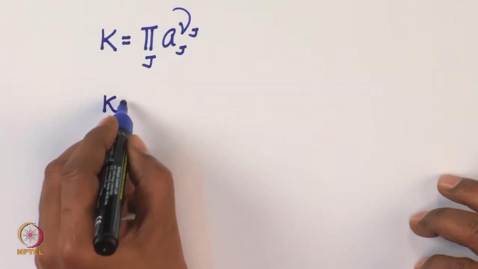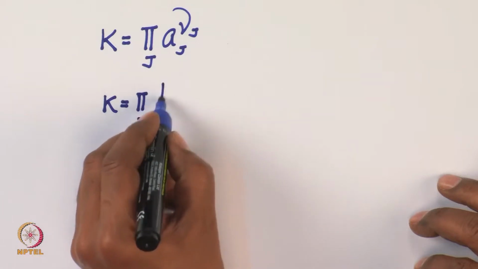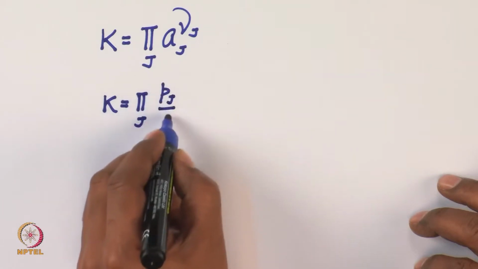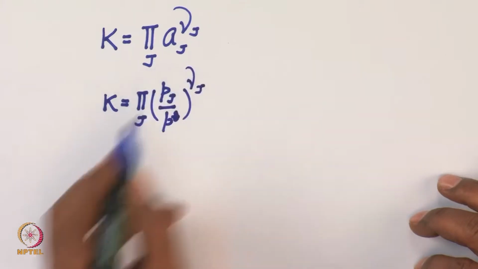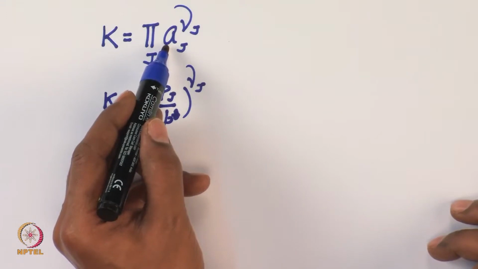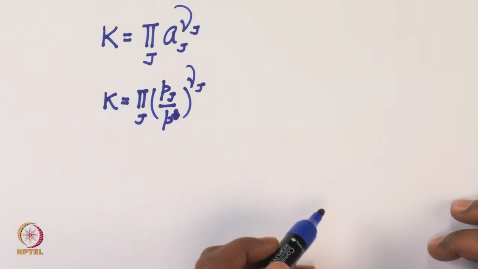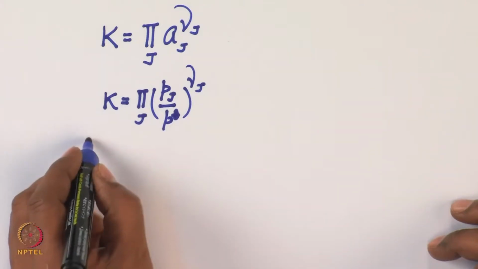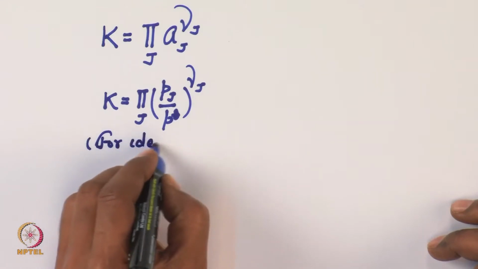And for perfect gases, I can write Pj by P naught raised to the power nu j, because we have discussed that activity for a perfect gas can be replaced by P by P naught for an ideal gas.